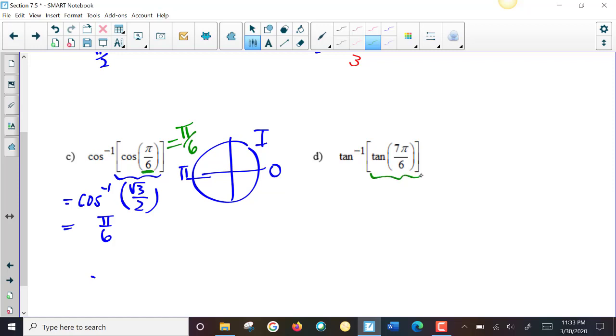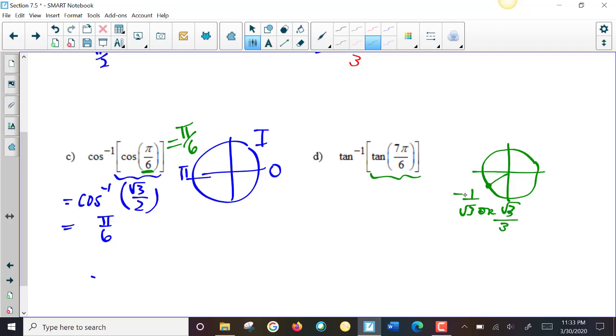So tangent of 7 pi over 6. All right, where's 7 pi over 6? That's located in quadrant 3. Tangent would be pi over 6, the tangent values would be 1 over the square root of 3 or square root of 3 over 3.